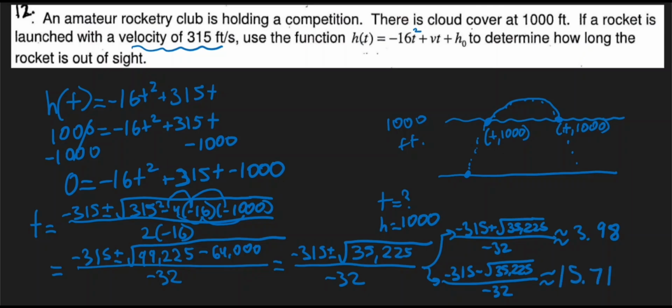So negative 315 minus the square root of 35,225 divided by negative 32, and that gives us 15.71. All right, so we know that it reaches a height of 1,000 feet after both 3.98 seconds and after 15.71 seconds. And to find out how long it's not going to be visible, let's subtract these two time values to see what the duration would be between these two times.